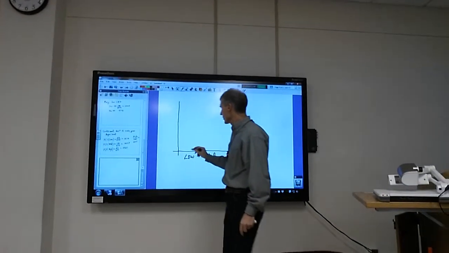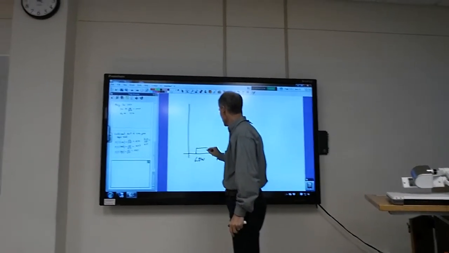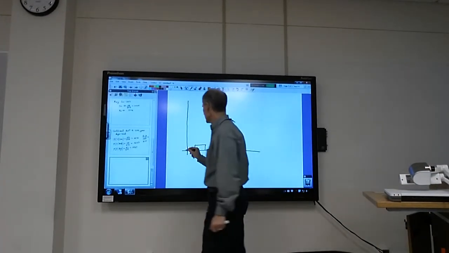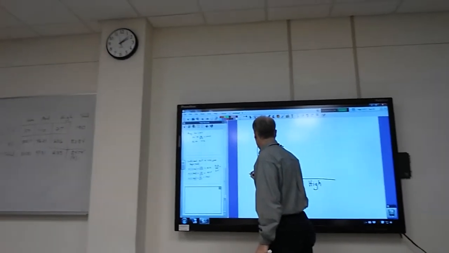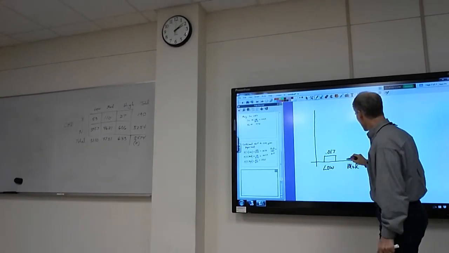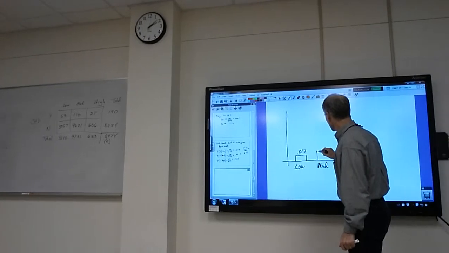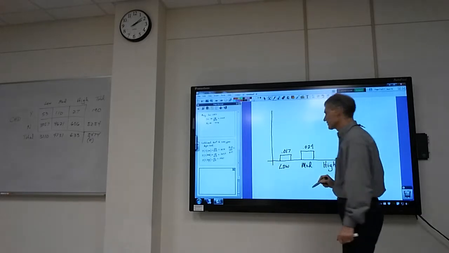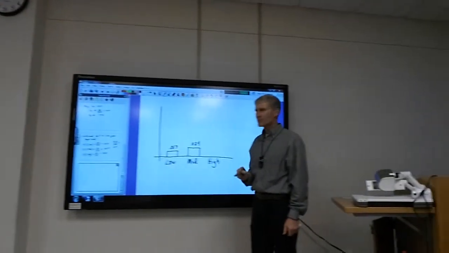Right? So the low was a bar that was up to 1.7%, right? 0.017. So let's just put it on there. And then the moderate was about, but not quite, twice as high. And that was 0.024. Is that right? I'm going from memory.